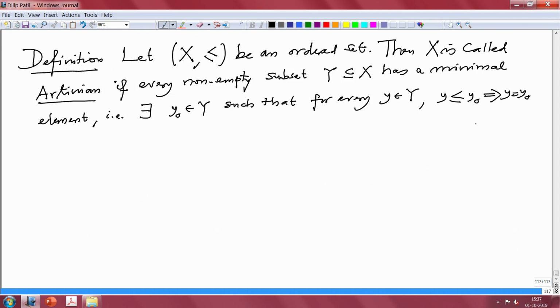There is no strictly smaller element than y naught in Y. Then such a set is called Artinian.